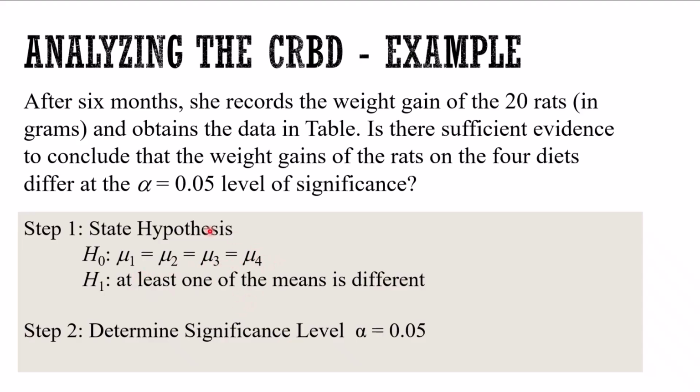As for the alternate hypothesis, it states at least one of the means is different. So for the alternate hypothesis, you're stating it as a sentence, as a phrase. Step 2 is to determine the significance level, and we have been asked to perform this test at the 5% significance level, so our alpha will be equal to 0.05.